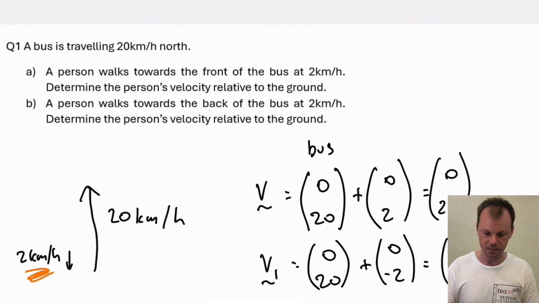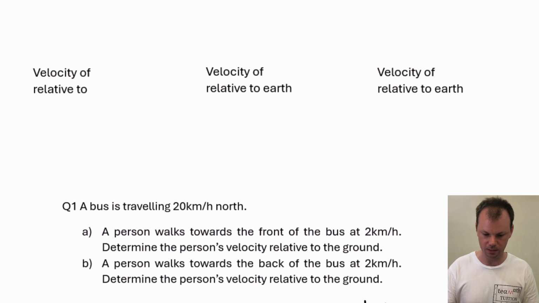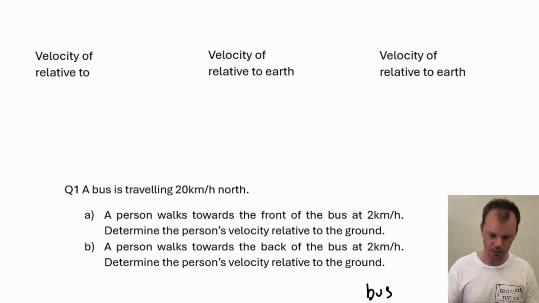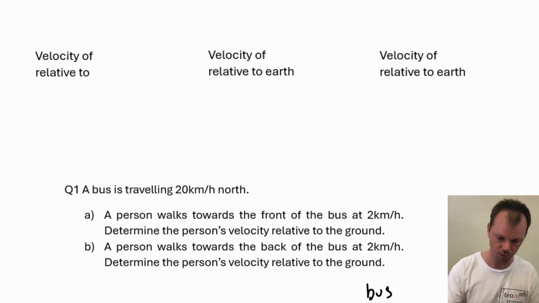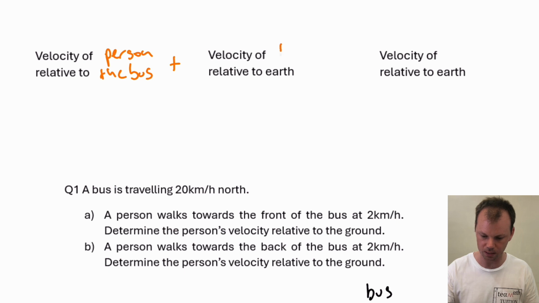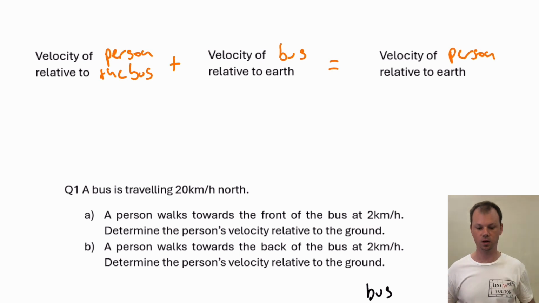The rule is, and I'll move up for this, the velocity of the person relative to the bus plus the velocity of the bus relative to the earth equals the velocity of the person relative to the earth.